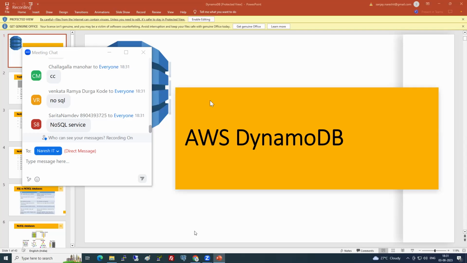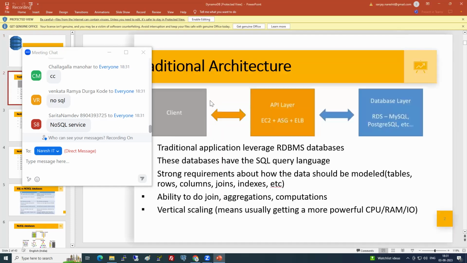Before that, it is not our job to go deeper into NoSQL, but I'll give you a couple of things. What is the traditional architecture we have? Today we have an application and the application is connected to your database.